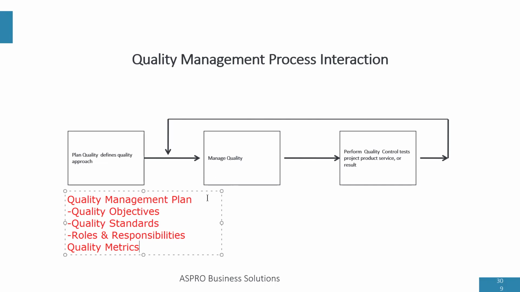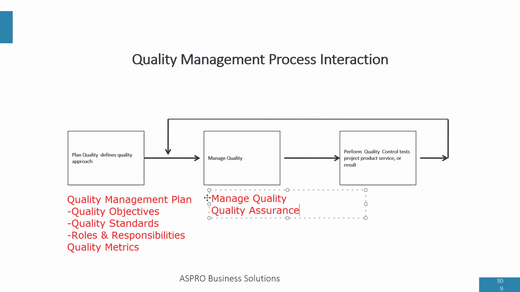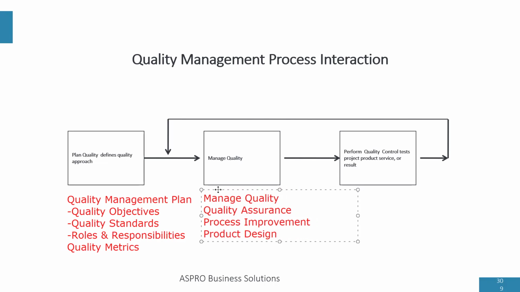In the second process, which is known as manage quality, this is also where quality assurance is done, and this is also where process improvement and product design for X are done, right? So in manage quality, the highlight of that process is quality assurance.